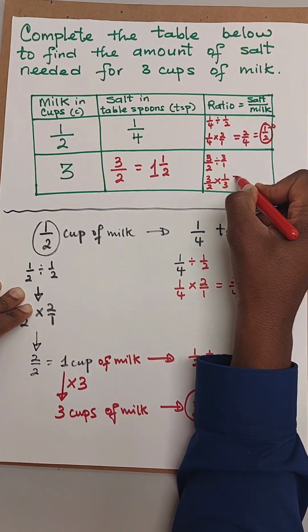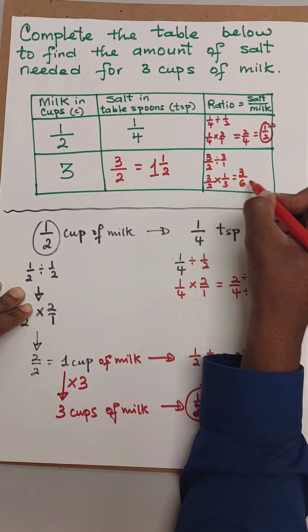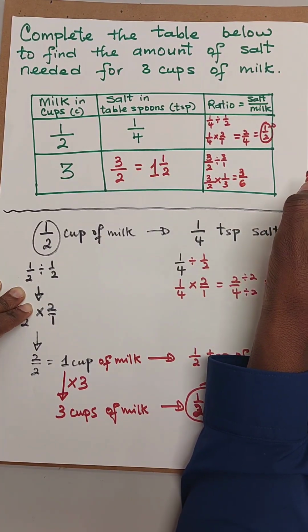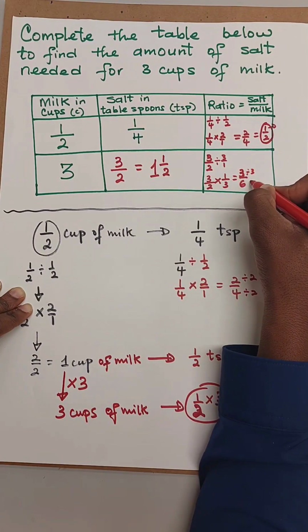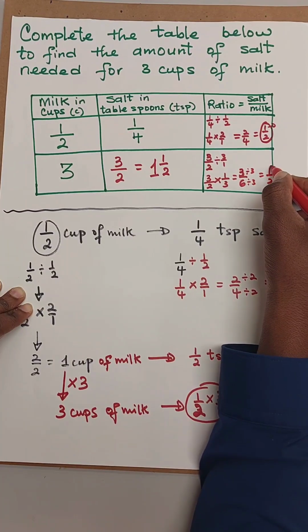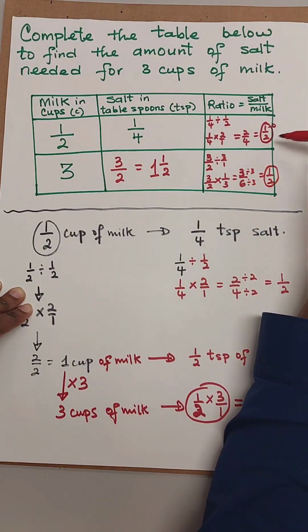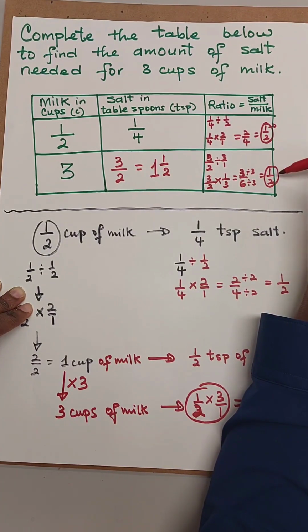This will be 3 times 1 over 2 times 3, which is 6. This simplifies, we can divide by 3, to a half. So getting a half here and also getting a half here tells you that the proportion, the ratio, is maintained.